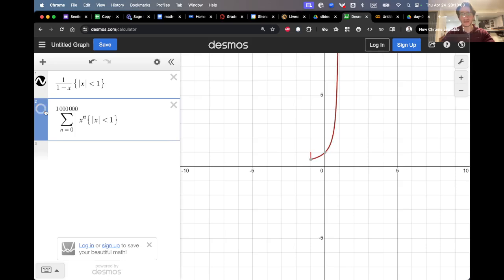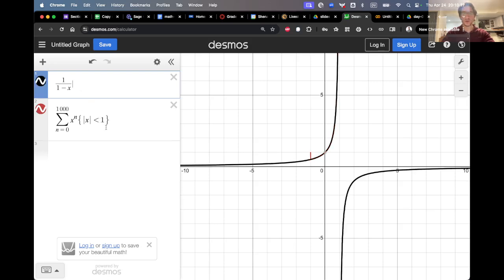Amazing. Now, outside of the interval of convergence, these don't match up because the power series is blowing up. There's 1 over 1 minus x outside of the interval of convergence, and here's the power series, which still is just blowing up at x equals -1, +1. But it's still cool that we can represent the function 1 over 1 minus x with this power series, and it will be really useful to us when we're integrating certain really difficult functions.